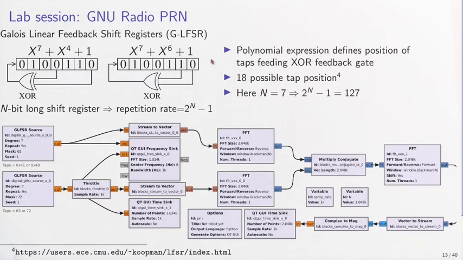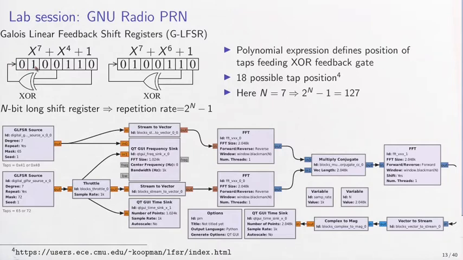What are pseudo-random sequences? What can be demonstrated using this Galois linear feedback shift register, GLFSR, is that at each clock cycle all the bits located in the shift register will be shifted by one position to the right.